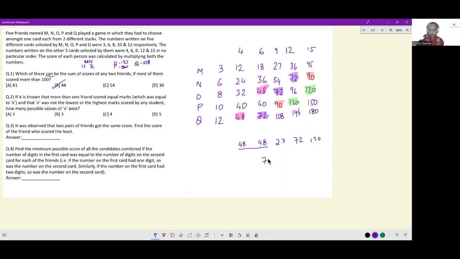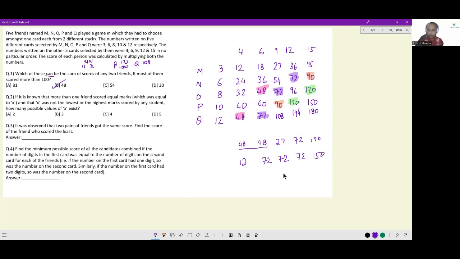What about 72? Let's say I take 72 here and 72 here for the 6 column and 9 column. Then I can have 12 here, 72, 72, 12, 150. So for 12, you will also have a 72. 72 is also possible. Wonderful.